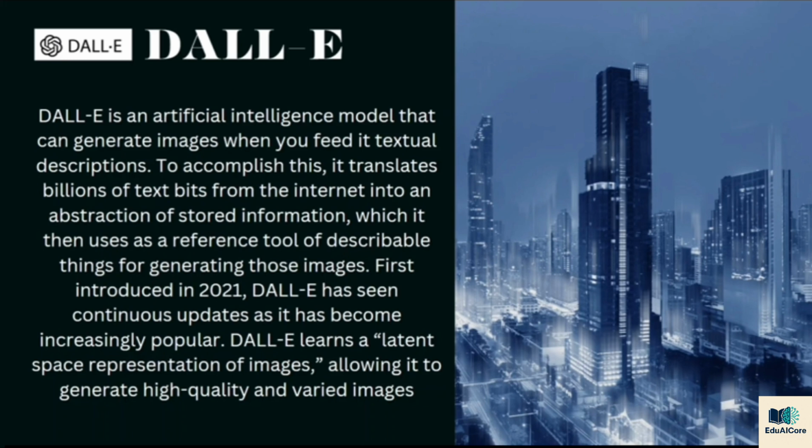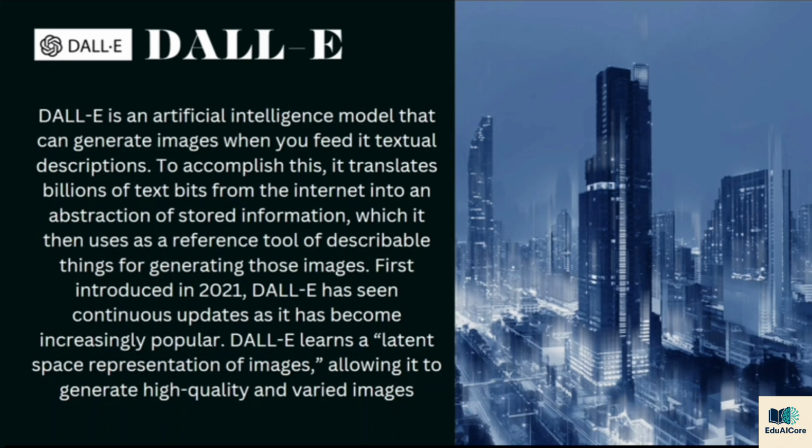On the right-hand side of my screen, you can see a lot of skyscrapers. If I want to generate the same kind of image, I can go to DALL-E and type that I want an image with a lot of skyscrapers in the evening. So it looks something like that, my image.